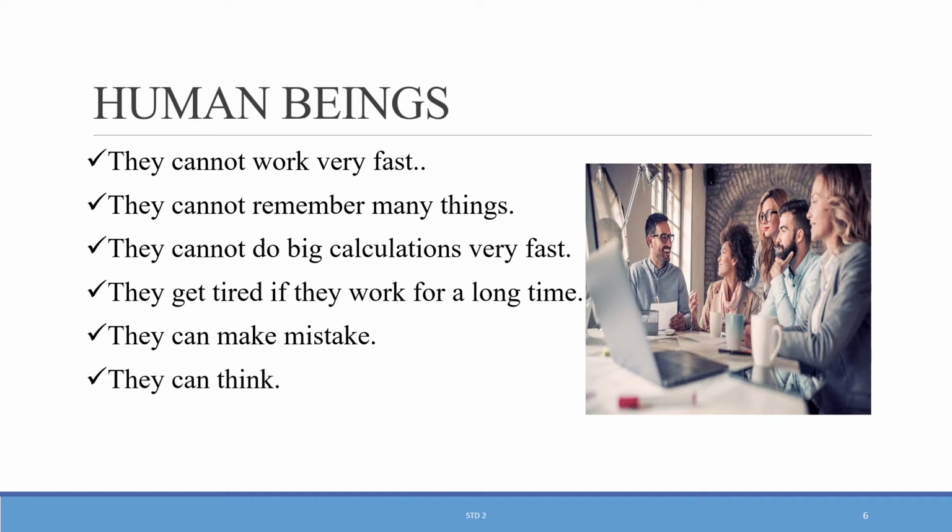Humans can think, but a computer cannot think. A computer does only the work that we give to it. For example, when I write on a computer, I am giving input to the computer, and that's why it is working; otherwise the computer cannot think.